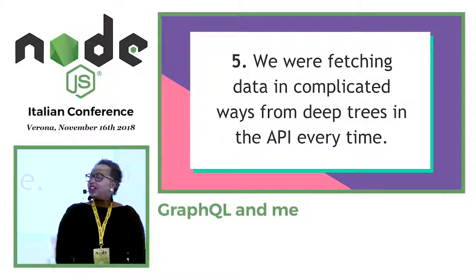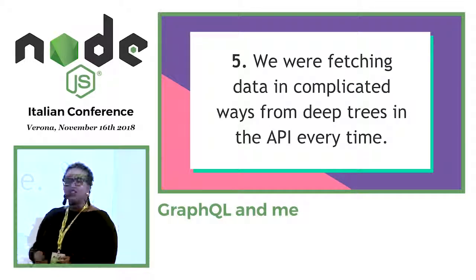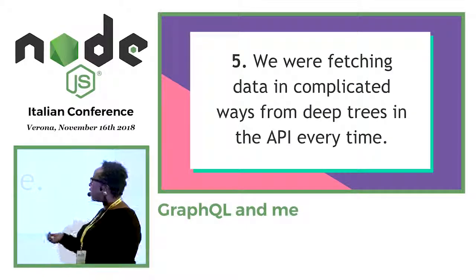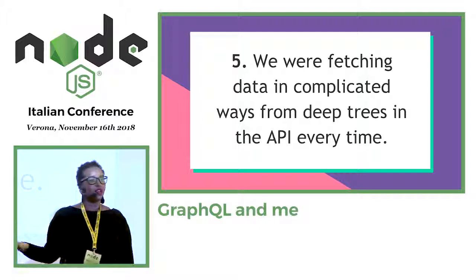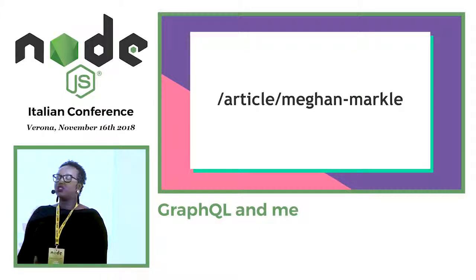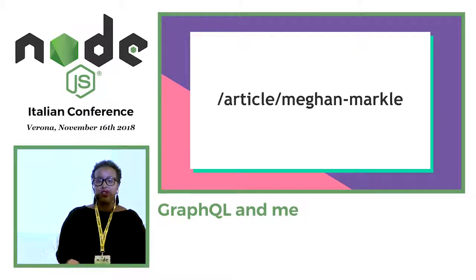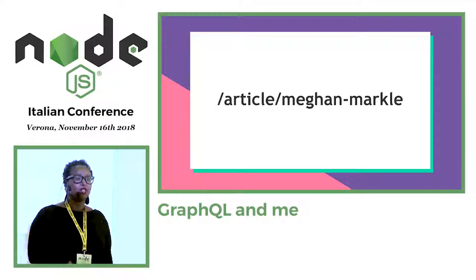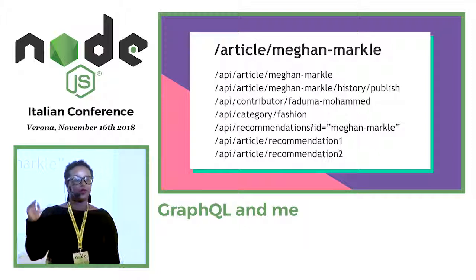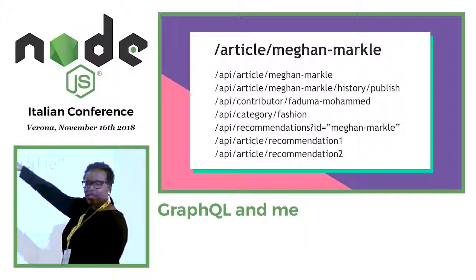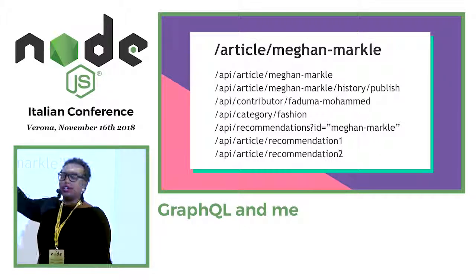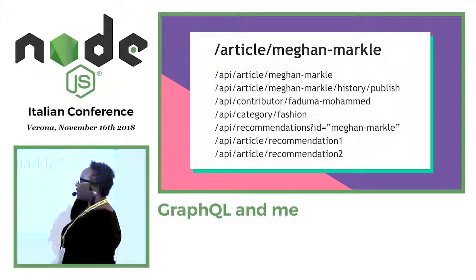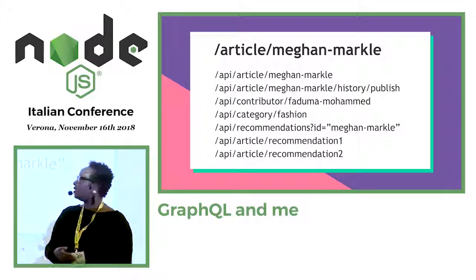Another problem that our team faced was that we were fetching data in complicated ways from deep trees in the API request. For example, if we wanted to render an article about Meghan Markle, this is the process we would have to go through. We would first make a request for the Meghan Markle article. We would go get some published information so we can send it to our analytics.